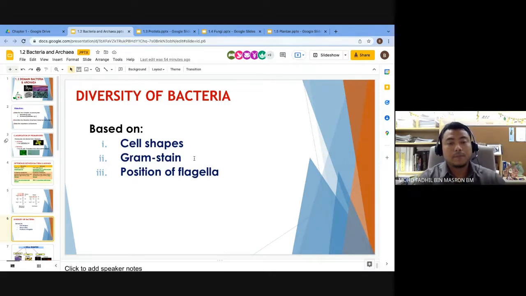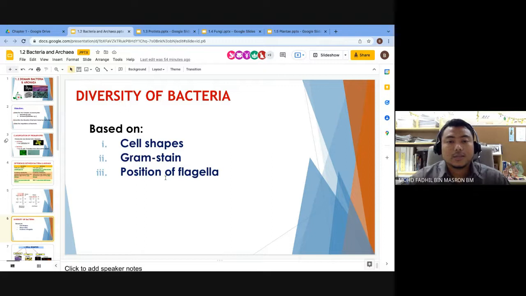Those yang berwarna blue after the technique of dyeing, bukan dyeing mati, dyeing mewarnakan, akan warna purple. Itulah gram positif. Blue, purple is positive, red or pink is negative. Keep that in mind. So gram ni bukannya gram berat timbangan. No, it is the name of a person. So it's a technique developed by him, by Pak Cik Gram ni lah.